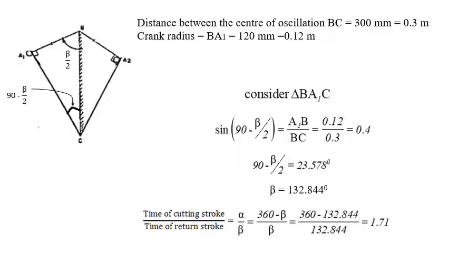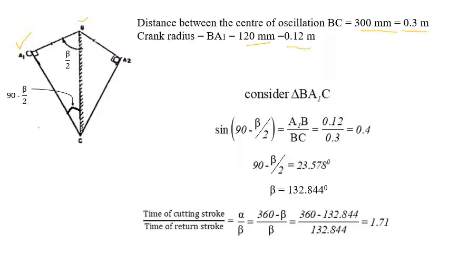Now let us see how to solve this problem. The distance between the centers, this line BC length, is given as 300 mm. It is in millimeter, therefore it becomes 0.3 meter. Then the crank radius, this BA1, is 120 millimeter in the problem, therefore 0.12 meter. Now let us consider the triangle BA1C.